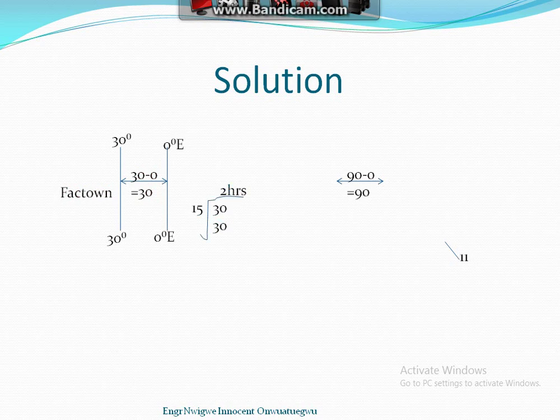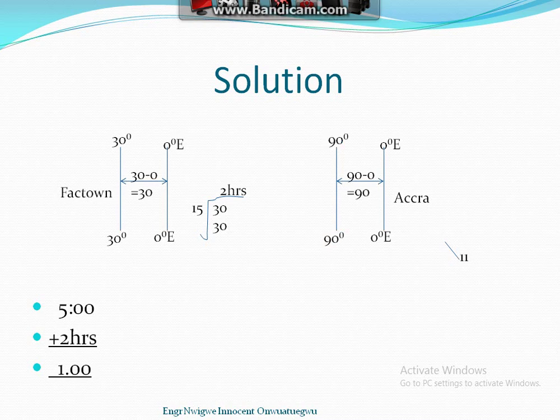Then subtract 2 from 5 hours, which is 3 hours. Then Kanaking: Accra is 0 degrees east, to Kanaking 90 degrees. We subtract 90 degrees from 0, which will give us 90. Then we divide by 15.